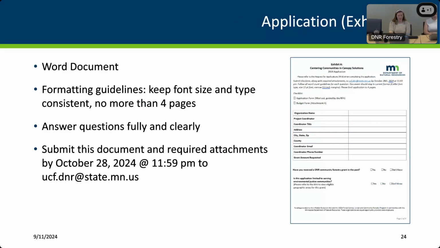The first page is just some overview information about your organization. Pages 2 through 4 are questions about your project that will be scored based on the scoring rubric we just had up in the RFA document. Please ensure that you're answering these questions fully and clearly while following the formatting guidelines. You can submit this document along with the required attachments to our email by October 28th.